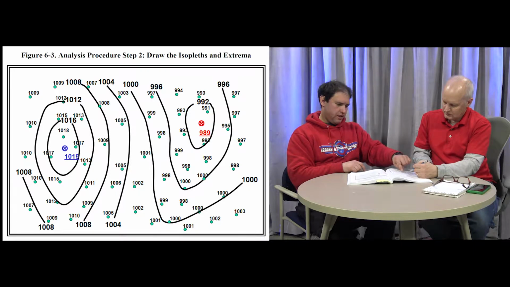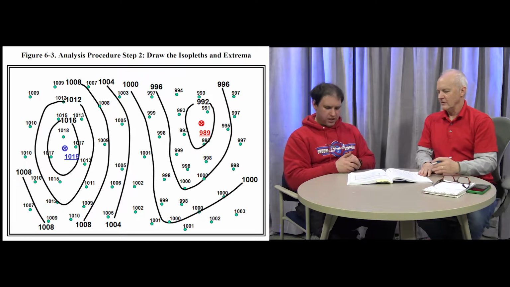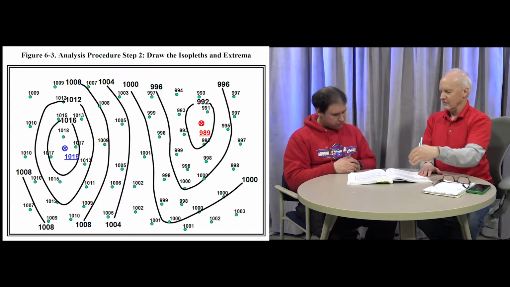You'll end up with air starting out traveling north away from the high, getting bent around all the way until it's traveling south, and then it spirals in. It's picked up by the low because it's moving toward the low, and it spirals in.